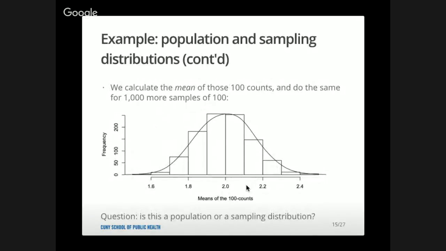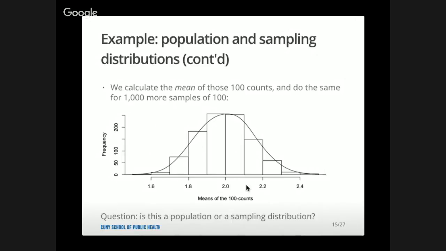Okay, so here, let's do it differently, and we can do this because it's a computer. What was on the previous page, those 100 different counts, I calculate the mean of them, and then repeat that 1,000 times, and I plot all of those means. Here's what I get.